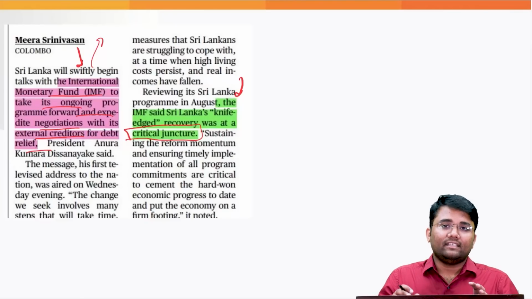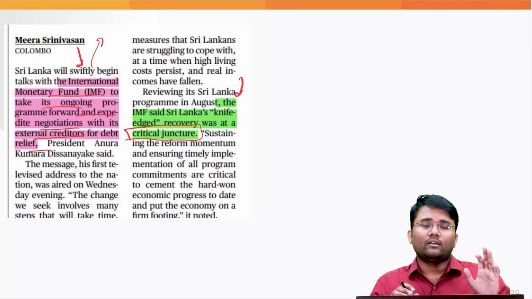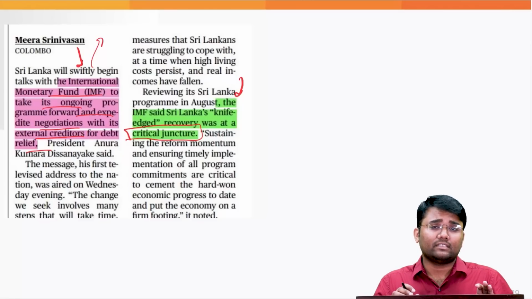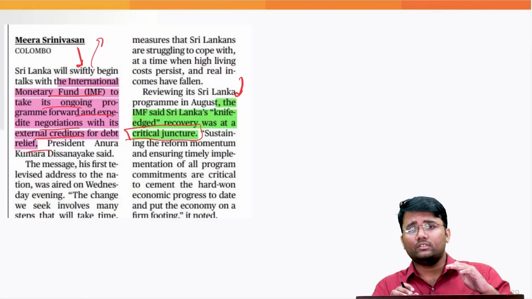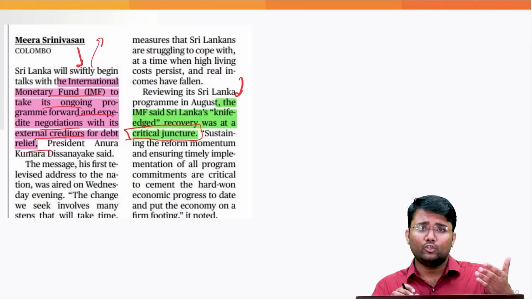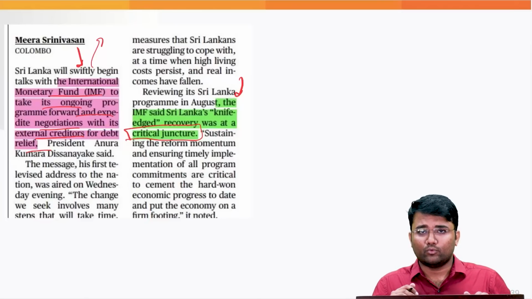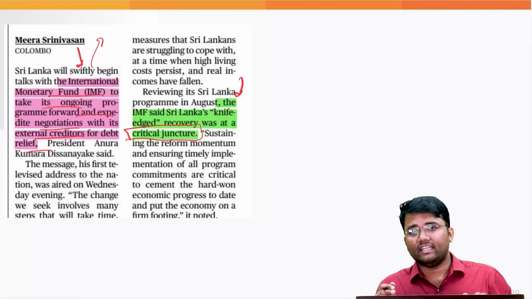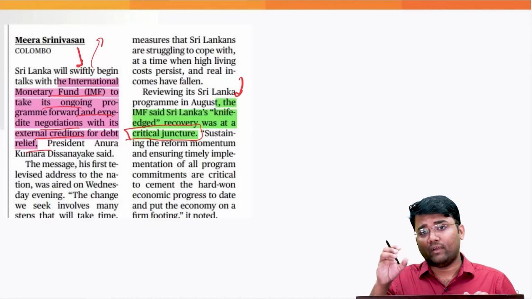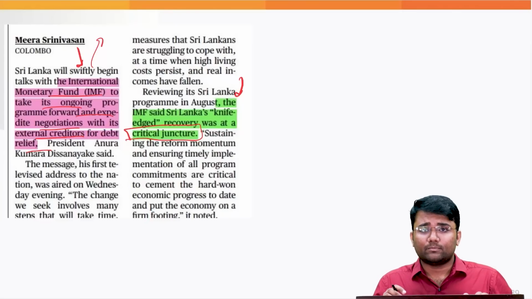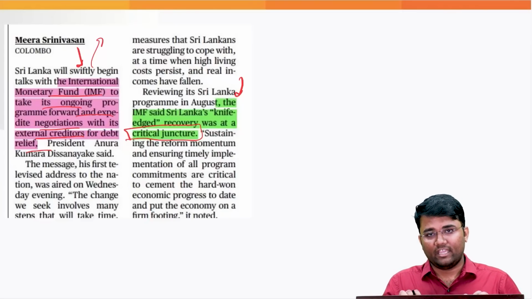In the initial stage, it was mainly formed to look into the issue of currency devaluation, which every country was doing to boost their exports. However, at a later stage, the IMF has been financing these institutions. Both short-term as well as long-term financing is done by the IMF.